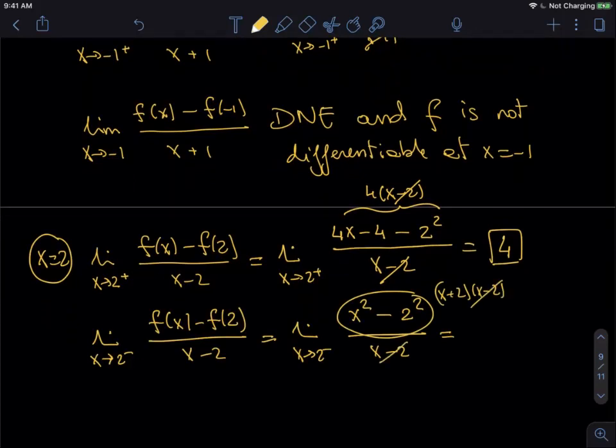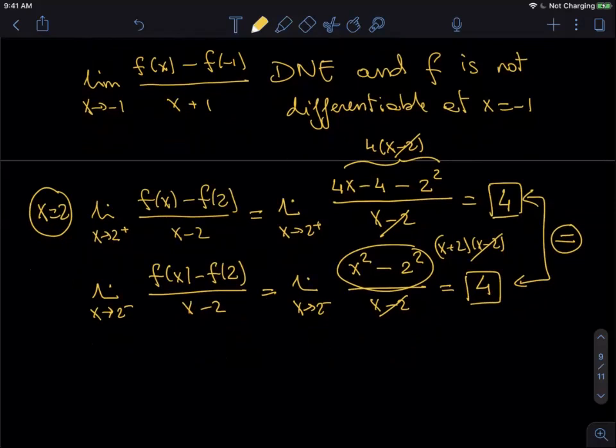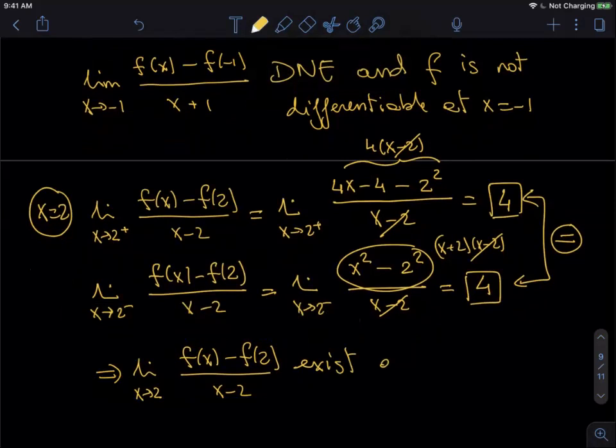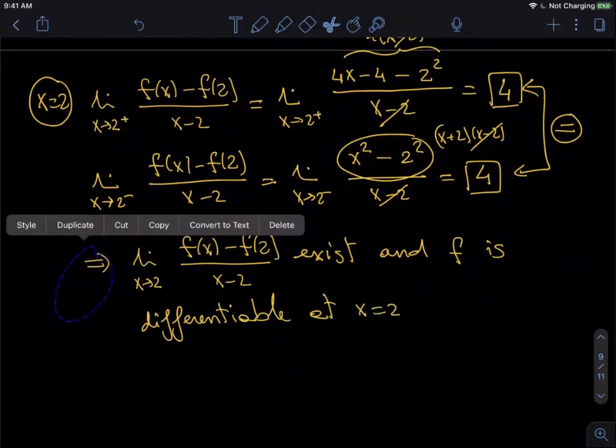So 2 plus 2 makes 4. And they turn out to be equal. So in this case, the limit exists. And f is differentiable at x equals 2.